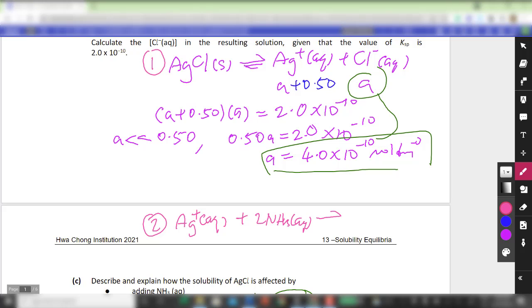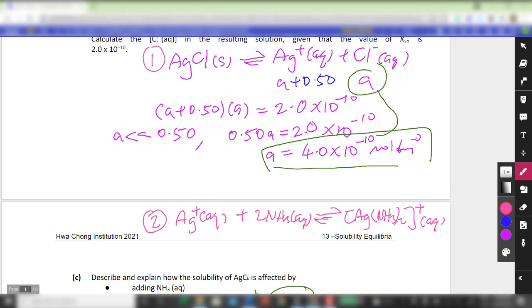They will form a complex known as the diammine silver plus complex. So I'm going to have a silver here and then two ammonia ligands. When we say two ammonia ligands, we are saying that the ammonia will form a dative covalent bond with the silver center. You will learn a little bit more about this in transition metal chemistry.